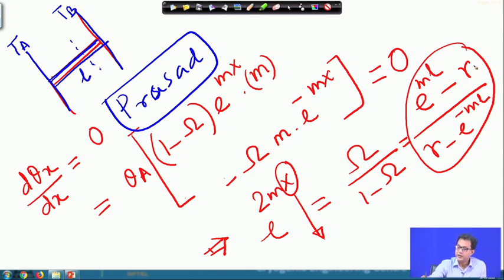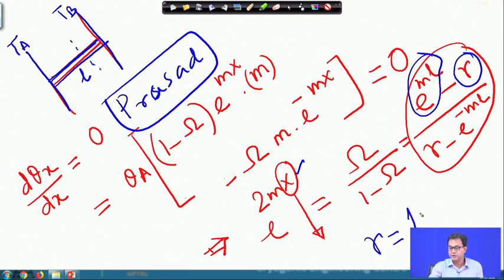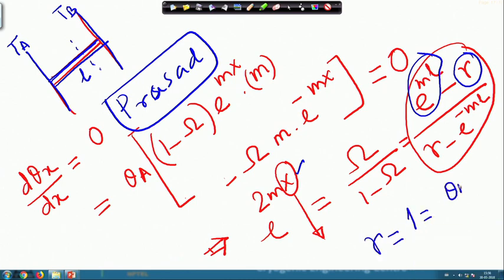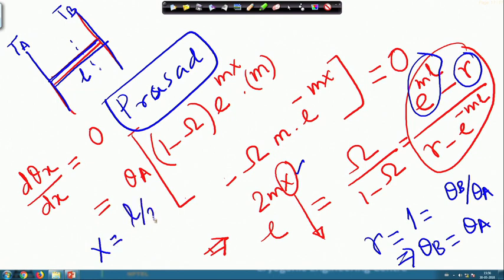As you can understand, this r and e to the power ml ratio will determine where exactly this x is located. Particularly if we say that r is equal to 1, that is, theta b by theta a, meaning theta b is equal to theta a, you will find that this x is coming exactly at L by 2.